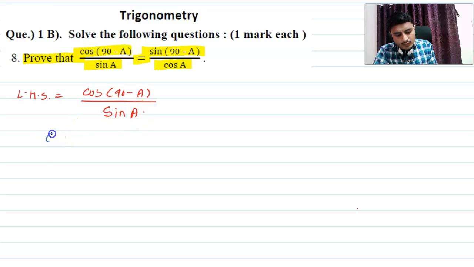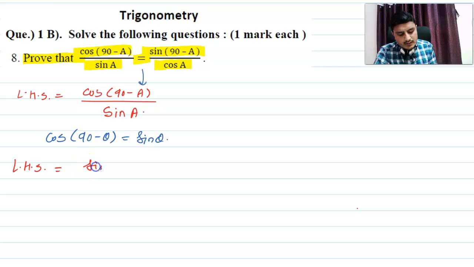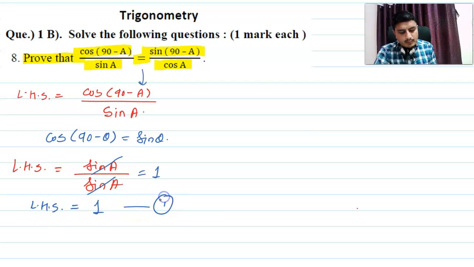As per the complementary angle formulas, cos of 90 minus theta equals sin theta, and here theta is a. So after simplifying the LHS, cos of 90 minus a equals sin of a, divided by sin of a. Now sin a from numerator and denominator gets cancelled, so once we simplify the LHS, we get 1. Call it equation number 1.